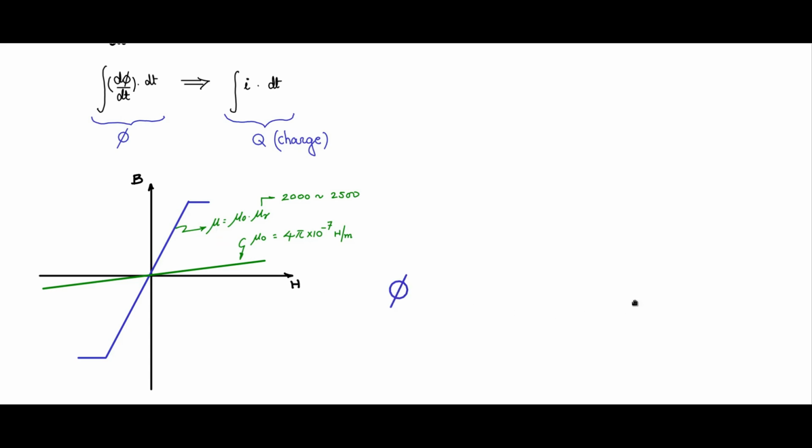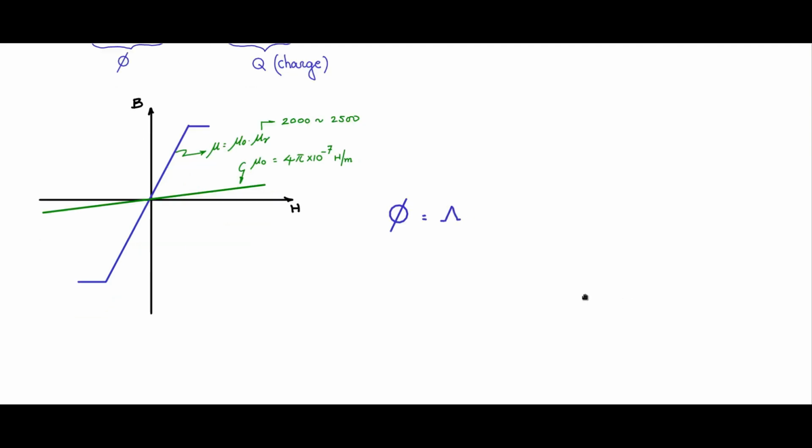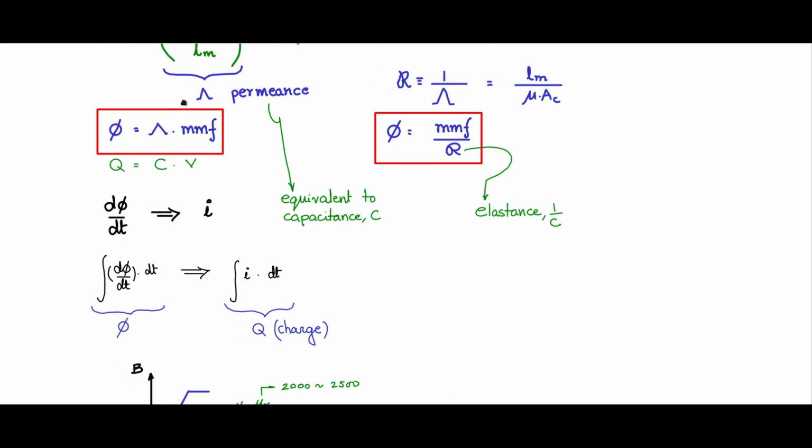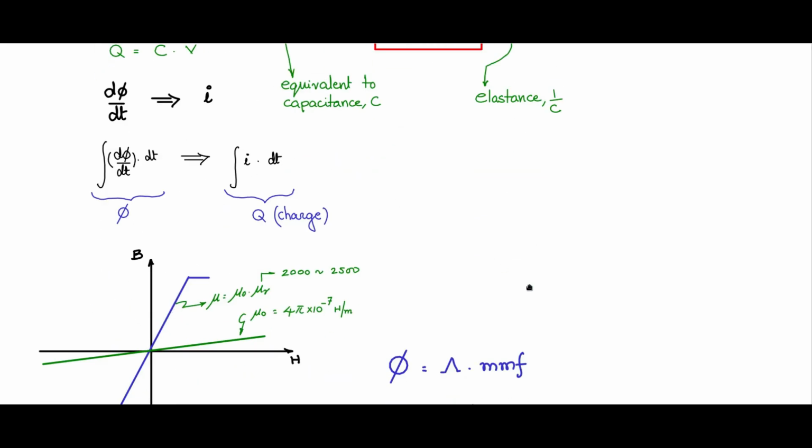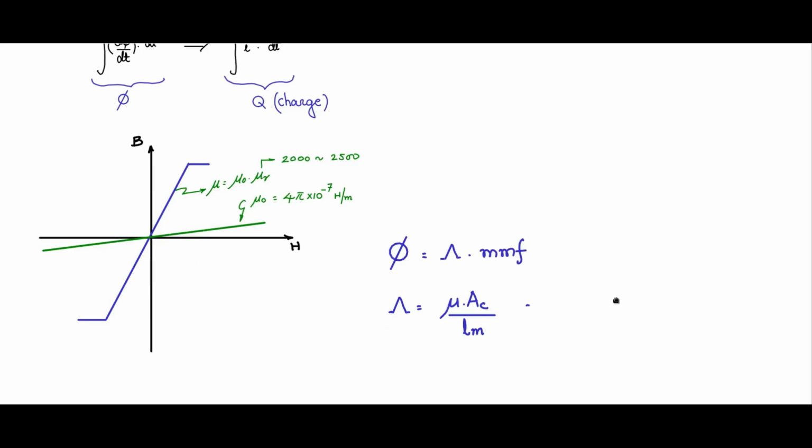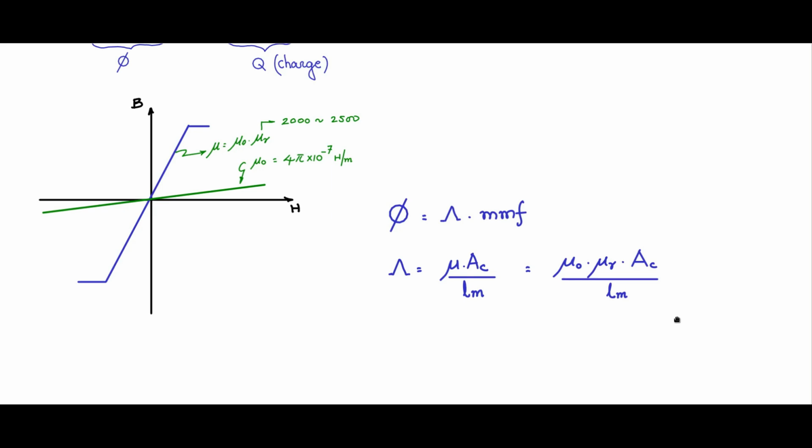So now if you take this equation phi equal to permeance into MMF, permeance is given by mu AC by Lm. That's what we saw here. Mu gets expanded into mu naught into mu r. Mu naught, that of free space, 4 pi into 10 power minus 7, into mu r, the relative permeability of that particular core which you are going to use, area of cross section of the core by the mean magnetic path length Lm for the core.